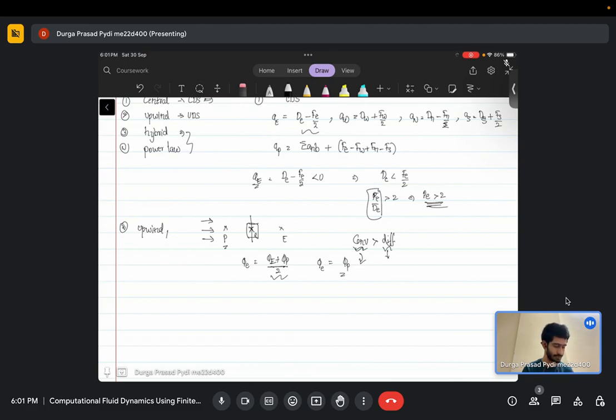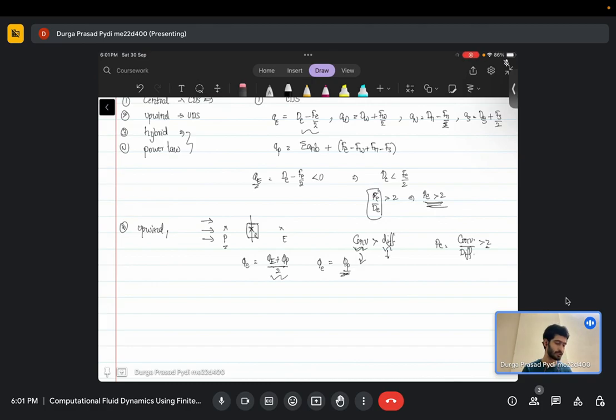The Peclet number is the ratio of FE by DE, that is convection by diffusion. If this is greater than 2, meaning the Peclet number is too high and the diffusion effects are small, you should only consider information flowing in one direction. So you should just take the upwind scheme.